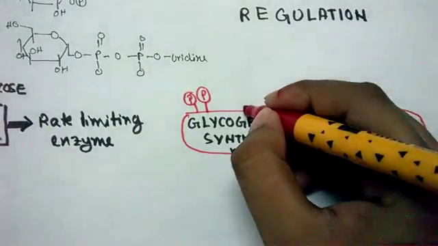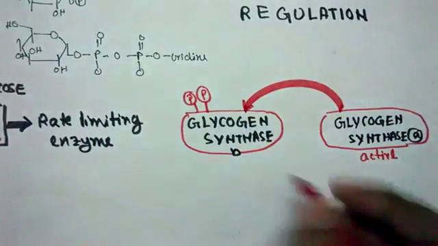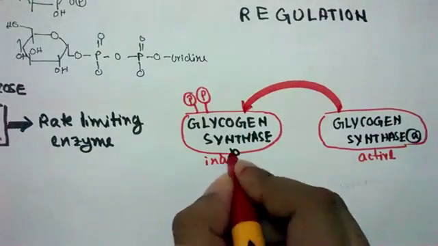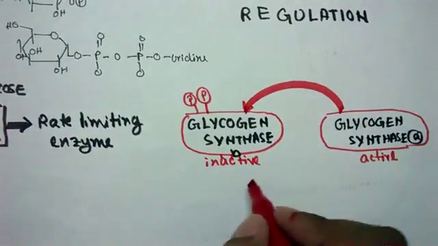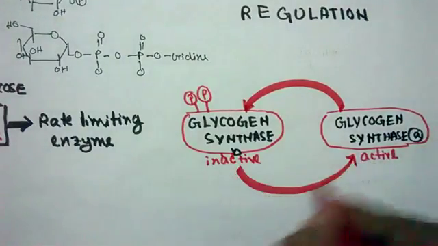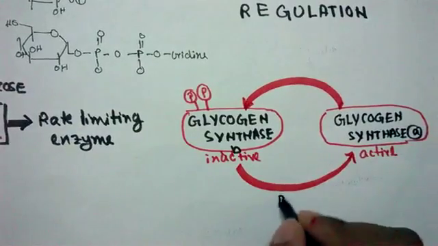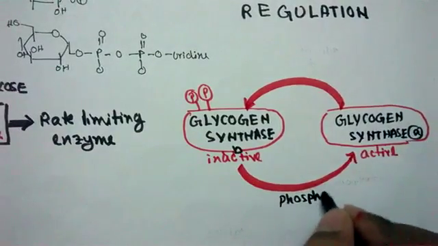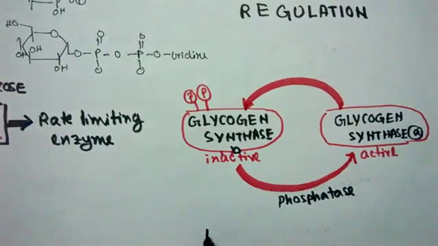So let's see how this takes place. Switching from the inactive state to the active state is catalyzed by a phosphatase enzyme, phosphoprotein phosphatase, and this enzyme is regulated by hormones such as insulin.